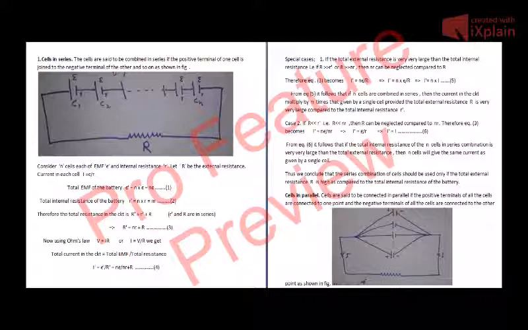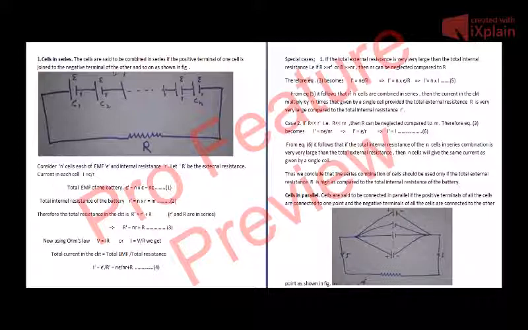So in the torch which you use at your homes, the cells are combined in series, because the positive terminal of one cell is joined to the negative terminal of the other, and so on.